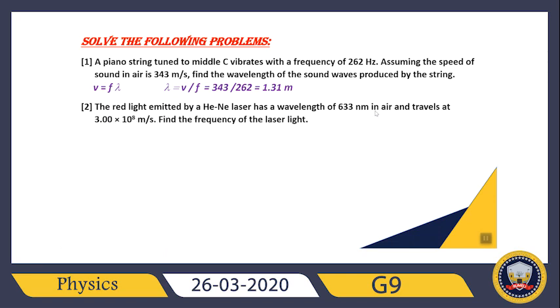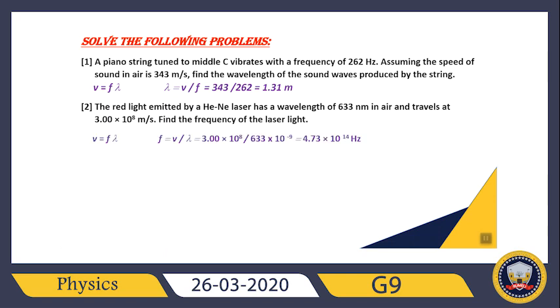In air it travels at 3 multiplied by 10 to the power 8 meters per second. So here is the speed. Find the frequency of the laser light. Here is the wavelength and here is the speed, and we are going to find the frequency.